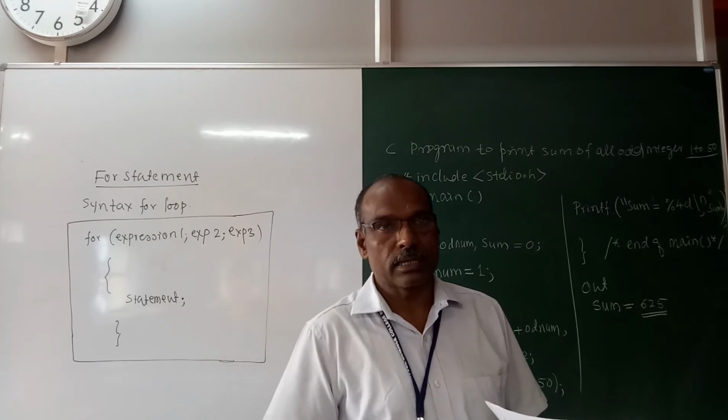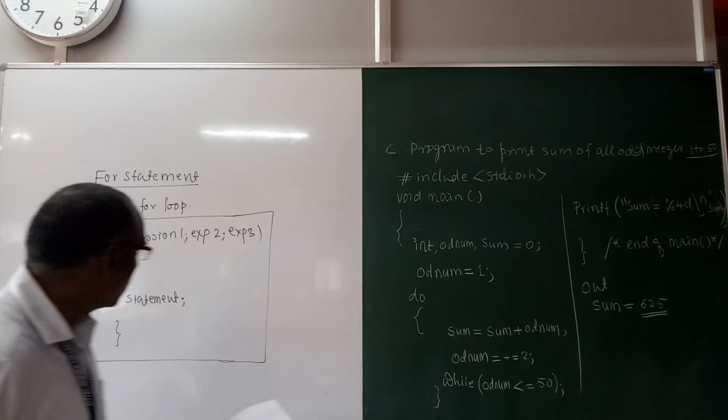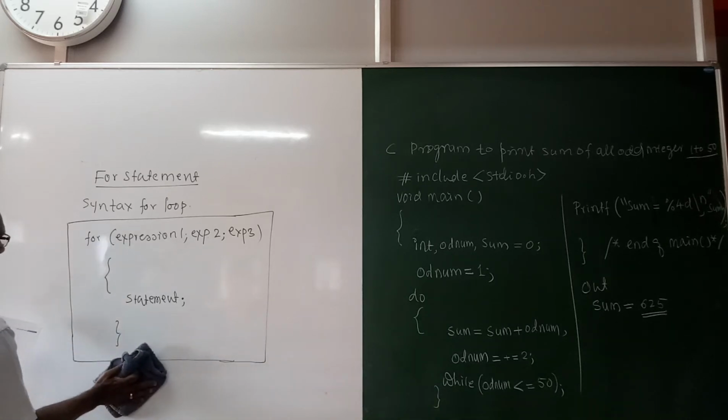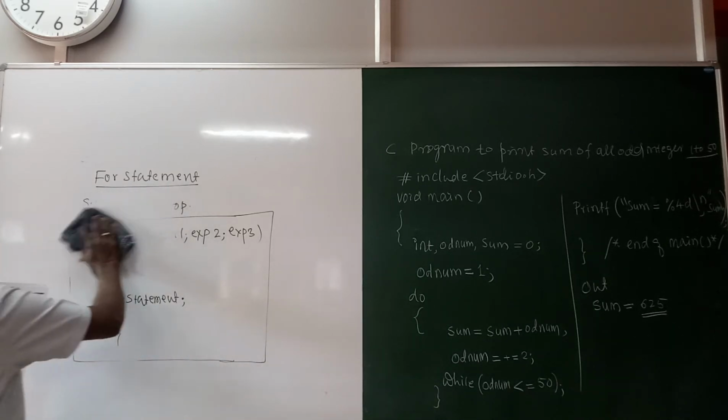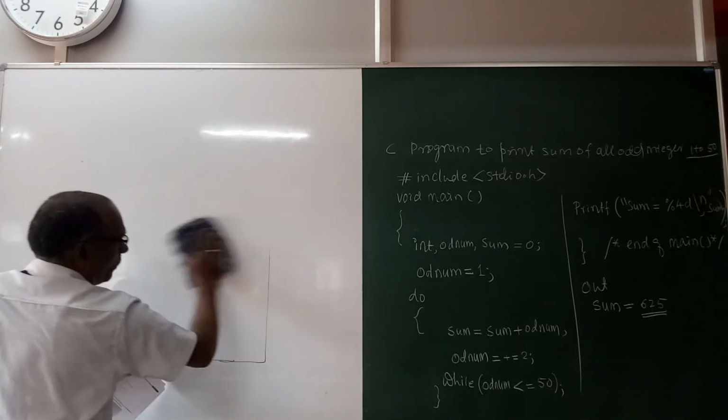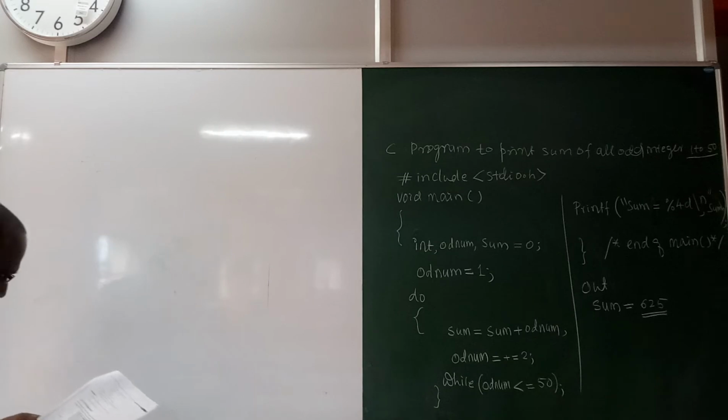Like that, we have the nested loop. A loop within a loop is called a nested loop, and we have if else nested and for nested loops, and we are not discussing them. So this is the syntax.